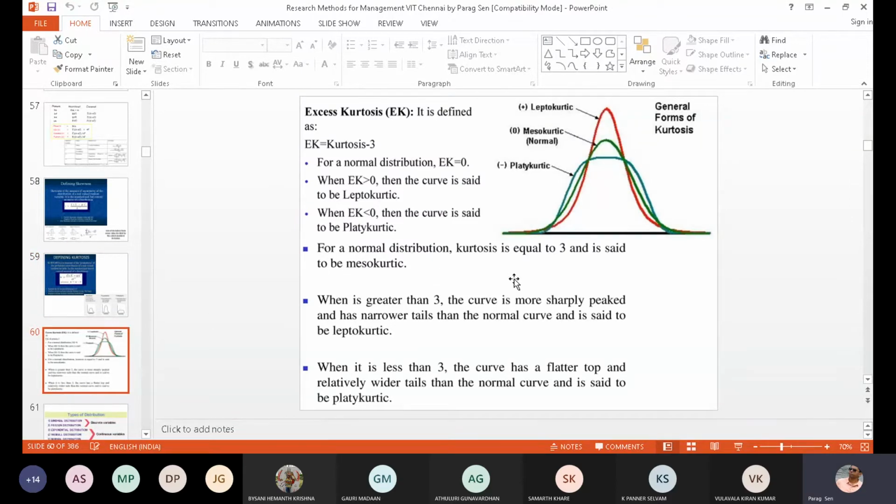For a normal distribution, kurtosis is equal to 3 and is said to be mesokurtic. When it is greater than 3, the curve is more sharply peaked and is said to be leptokurtic. And when it is less than 3, the curve has a flatter top and relatively wider tails than the normal curve, and is said to be platykurtic.